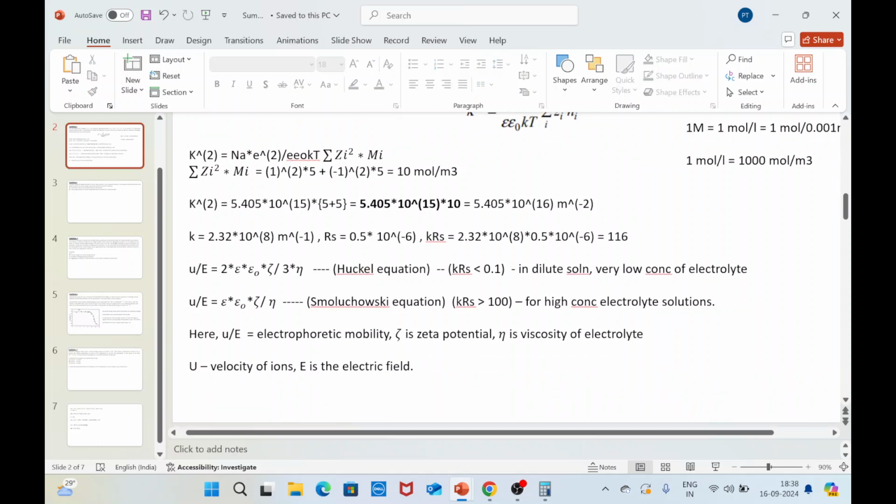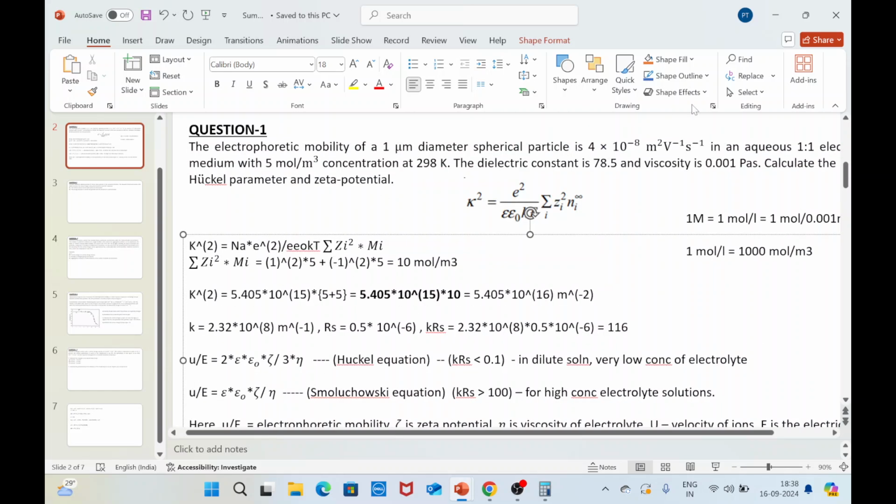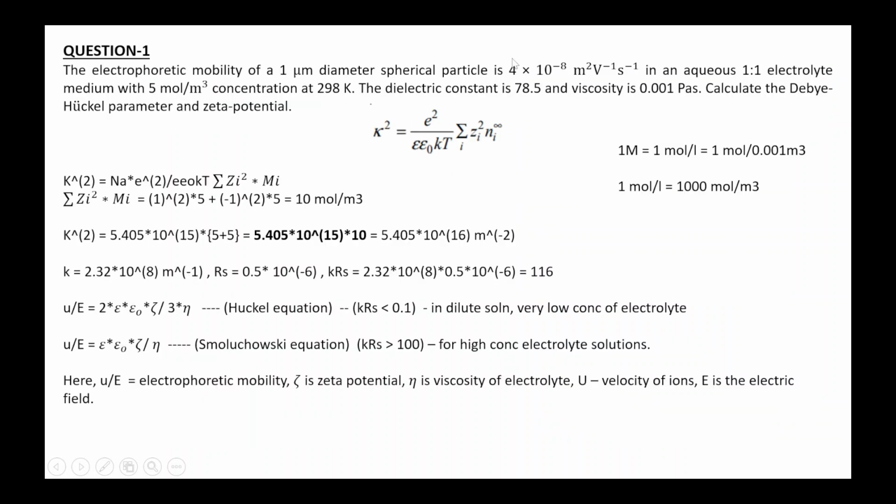So what will be the value? Let me just write the expressions here and substitute the values. Your U by E, that is electrophoretic mobility, is 4 times 10 power minus 8 meter square per volt second.